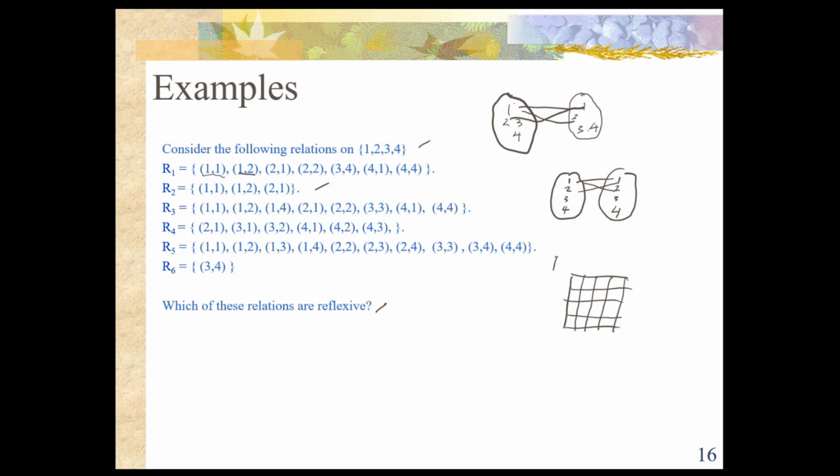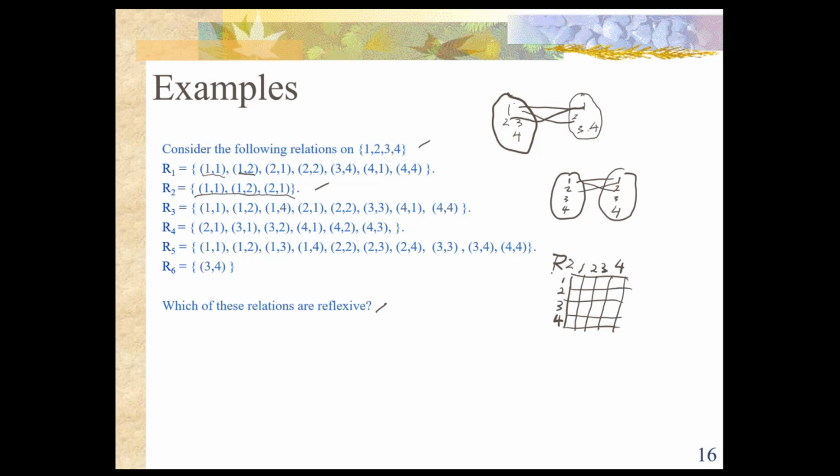Let's do it for R2 because R2 is a smaller relation. The elements here are from the set 1, 2, 3, 4. So let's look at R2 only.